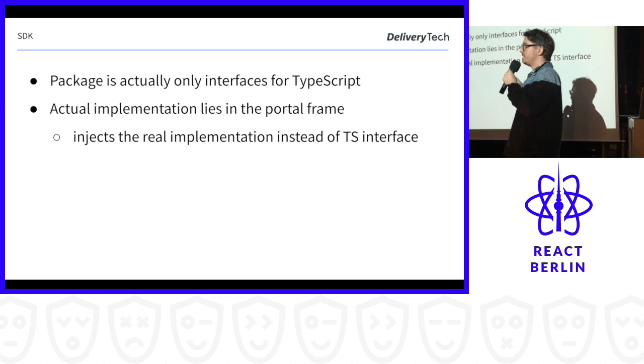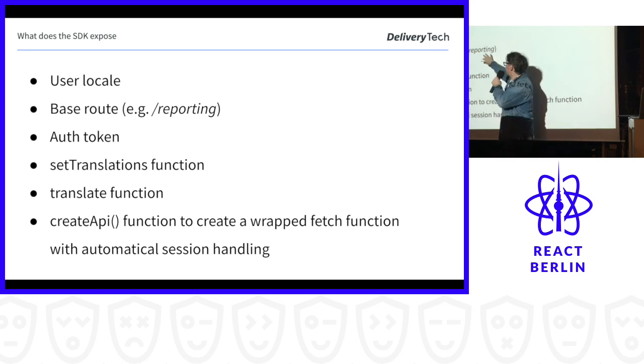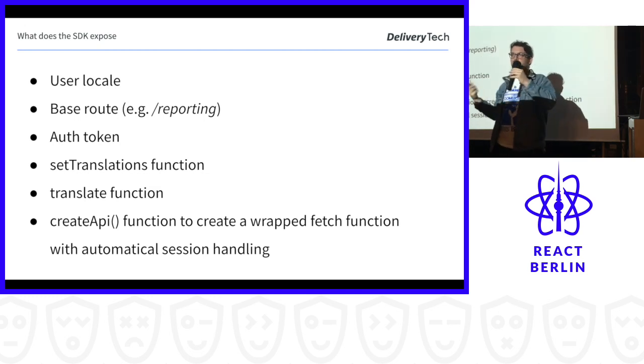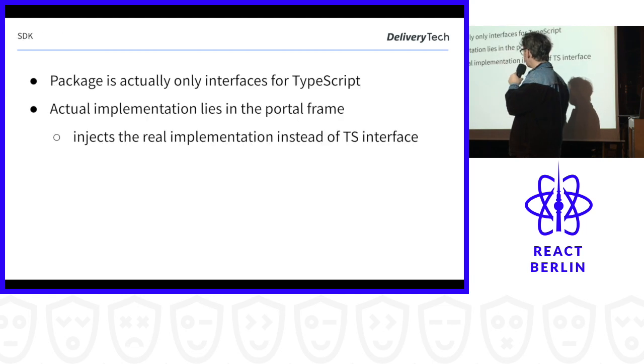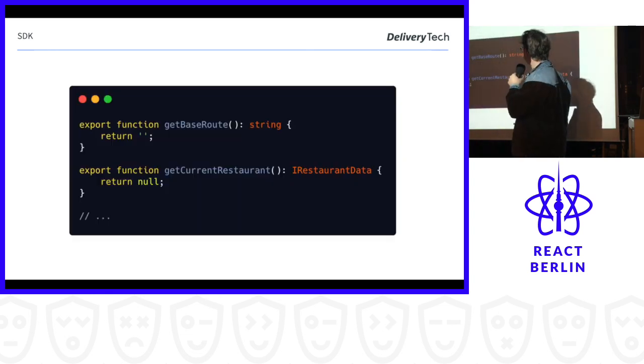And during runtime, we inject a custom version of this SDK that, for example, has things like this, because this is plugin relative. Each plugin gets their own base route, so this needs to be a custom tailored SDK to the plugin. And the reimplementation is done in the frame.